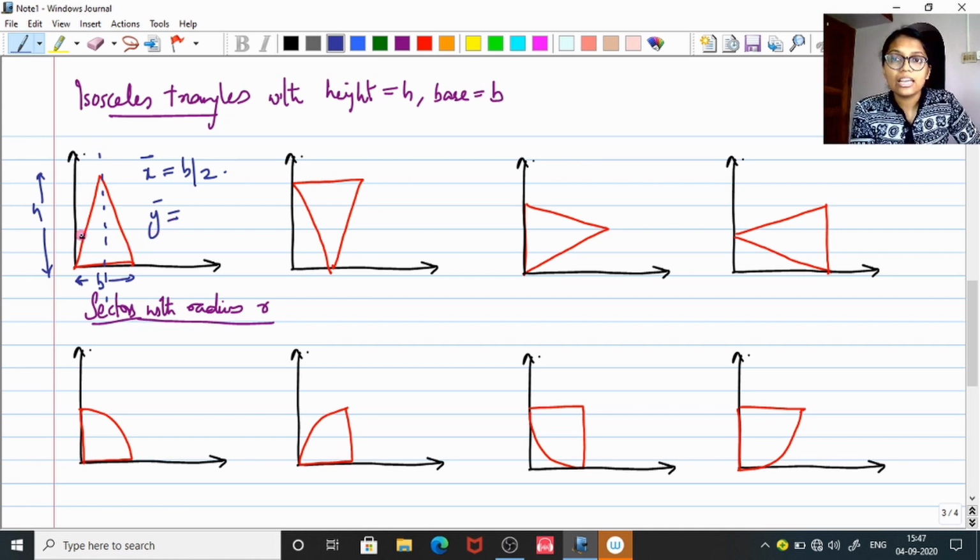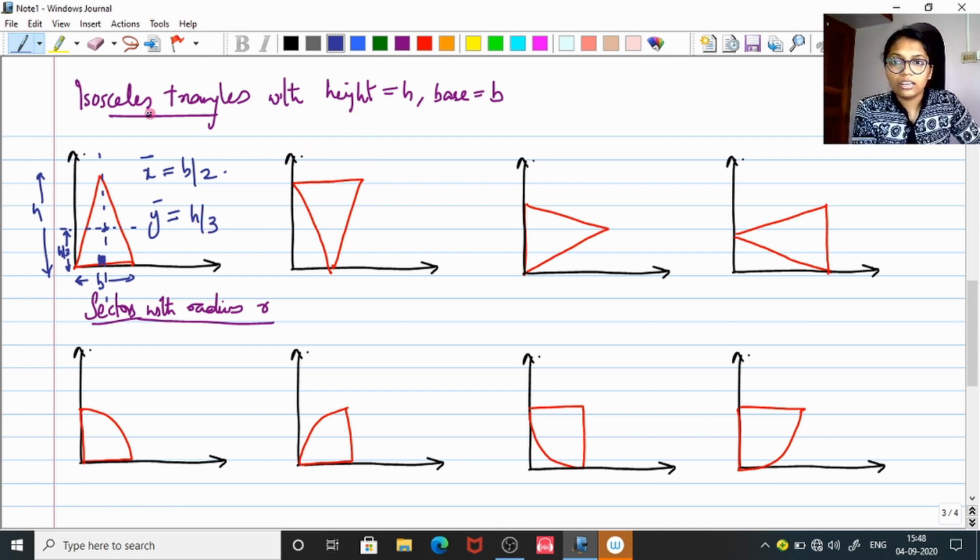Since this is an isosceles triangle, if I cut it into two, you get a right angle over here, isn't it? So your y bar can be measured from this point. It is like the previous H by 3 measured from the right angle point, and your y bar will be somewhere here. Again it is H by 3.